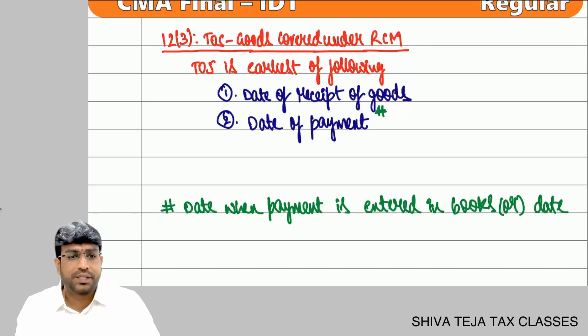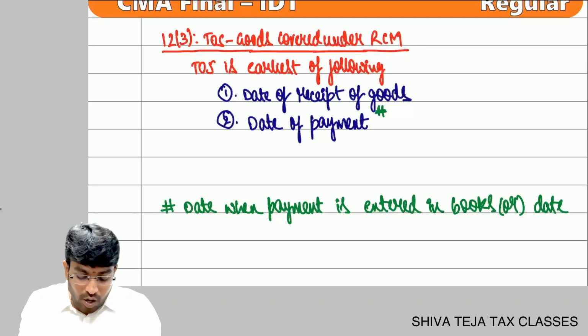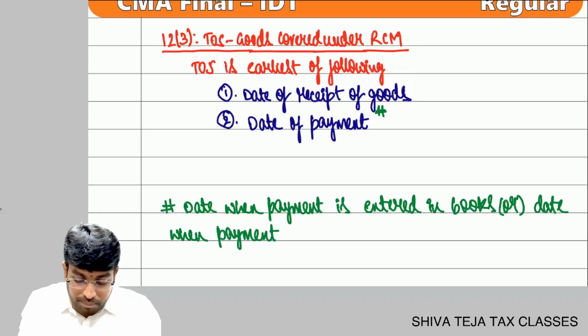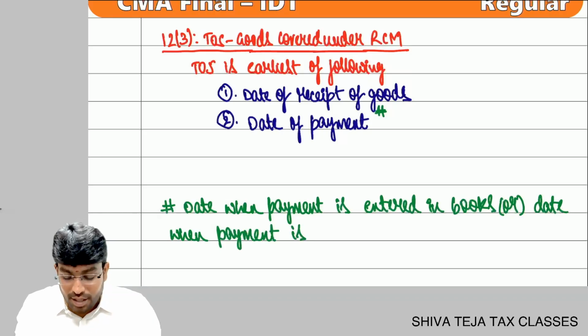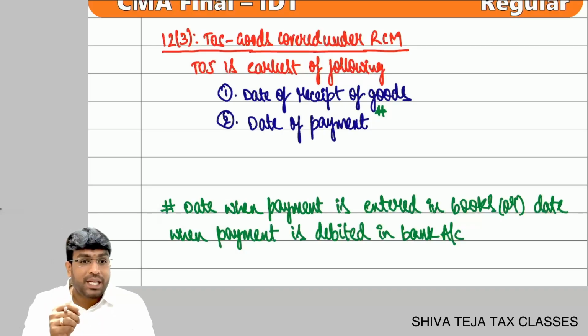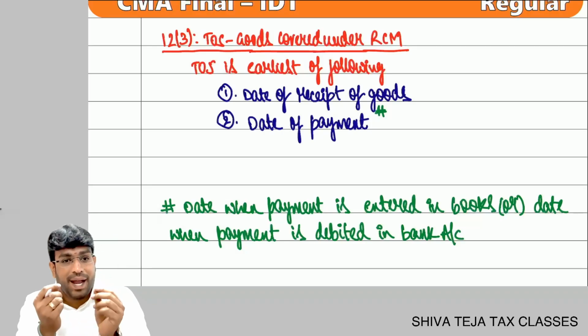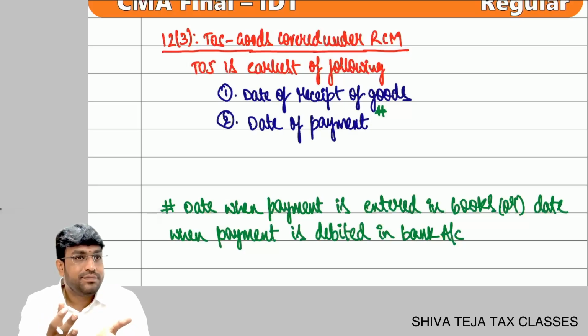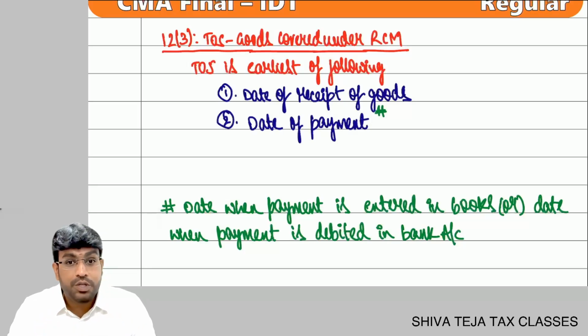Date when payment is what, sir? Entered in the books. Or the date when payment is debited in the bank. Don't use the word credited, because we are talking from the recipient's point of view. The recipient's bank account does not get credited; the recipient's bank account will be debited. Correct, no, my dear friends? Speak out. Come on. Date when payment is entered in the books, or date when payment is debited in the bank account.